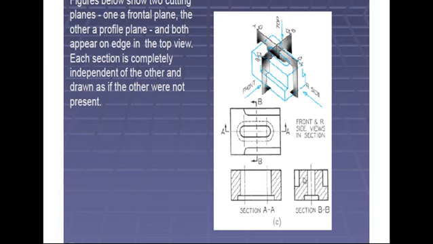Whatever is solid, we do the hatching for section BB, and whatever is hollow is left. So this is the method when an object or figure has two sectional planes.